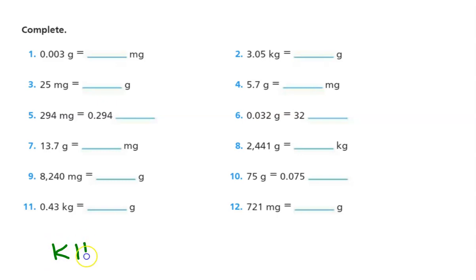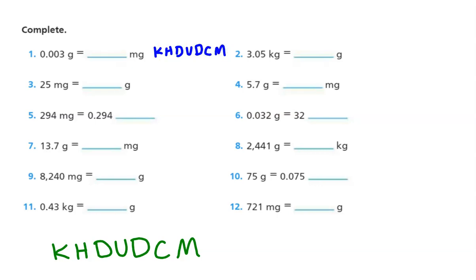So again, King Henry doesn't usually drink chocolate milk. Should be something that you're pretty familiar with writing down, or one of those things you just have to memorize. And I'm going to write it each time we solve one so I can show you how I'm traveling along the chart, okay? So there's my King Henry doesn't usually drink chocolate milk, and it went from grams to milligrams. So grams is where I'm starting here, and I am going all the way over here to milligrams.